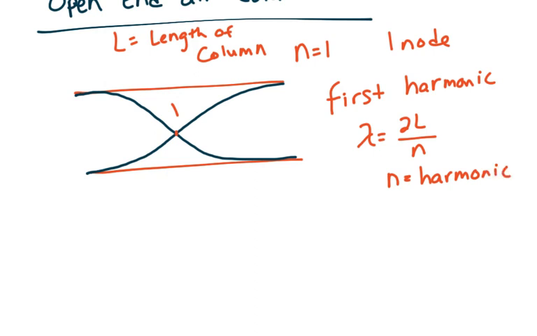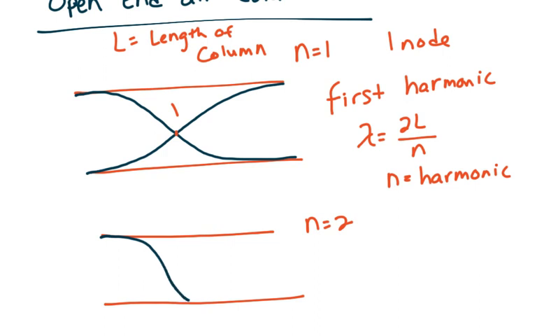Which for these, again, will be how many nodes it has. So if I'm doing the second harmonic, I'm going to have half of a crest, a full trough, and then another half of a crest. The same thing is happening here. So you'll see I have 1, 2 nodes, and it's my second harmonic.